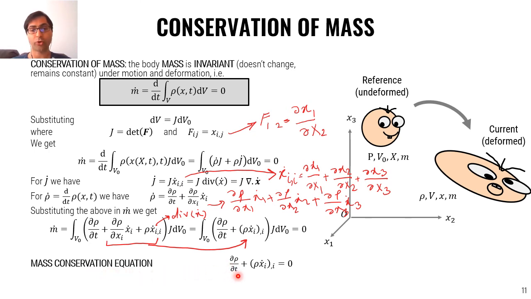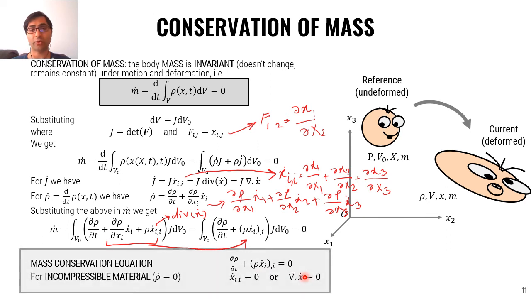Basically, partial rho partial t plus rho x dot_i comma i is 0. And if the material is incompressible, meaning that rho dot is 0, we can simply write x dot_i comma i is 0, or the divergence of x dot is 0. That's the conservation of mass equation.